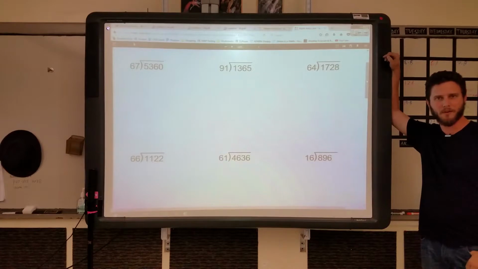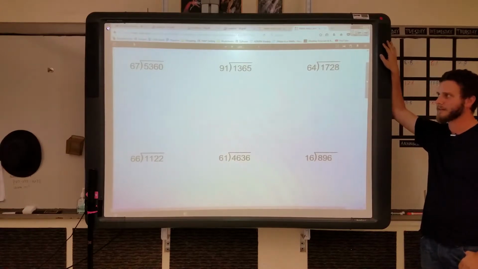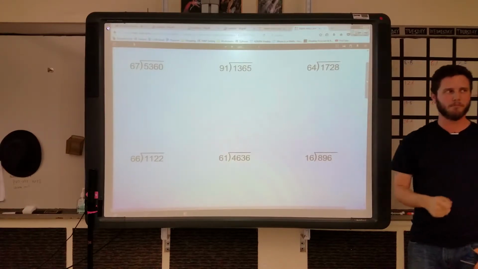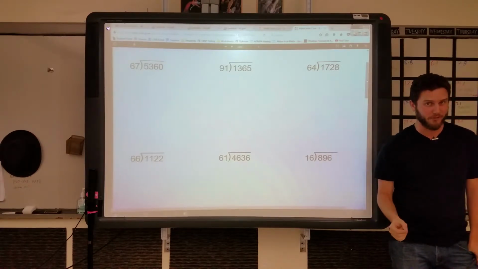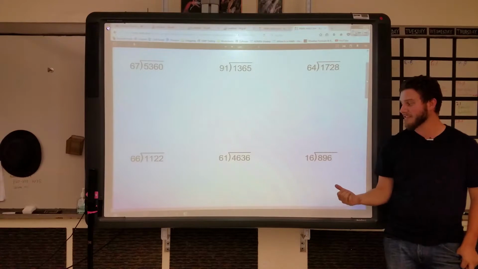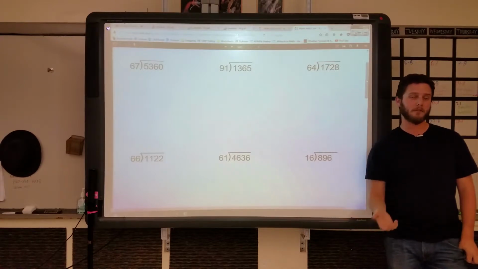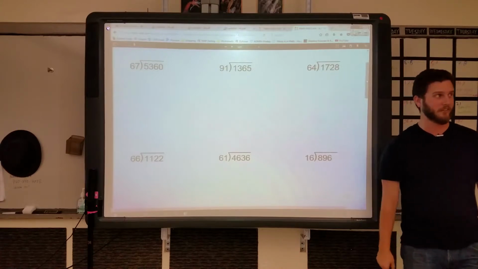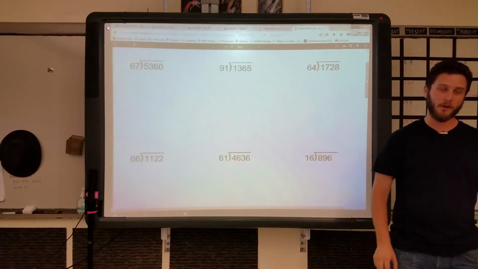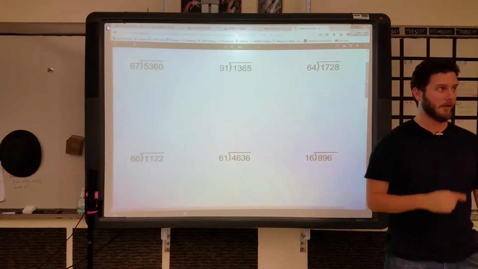I'm going to leave you here with this last slide. Now, this slide has 6 example problems, each of them very challenging. But it's important to note that these are problems that you may be expected to solve in the 6th grade. Just as an example, I have the objectives that we are currently going over in class right now up on the board.